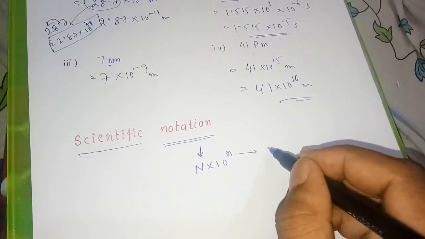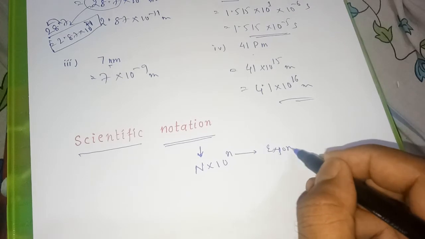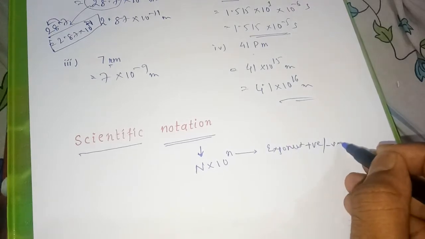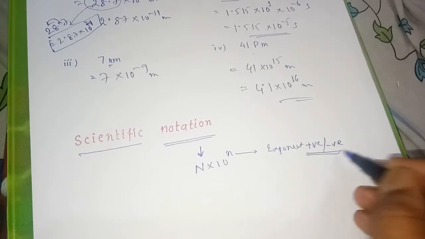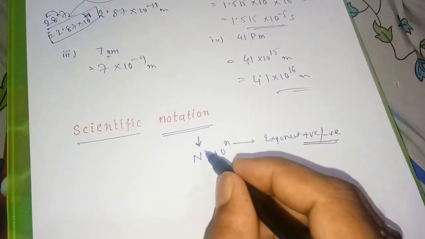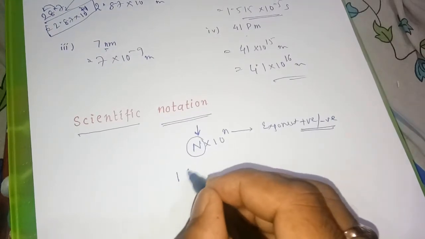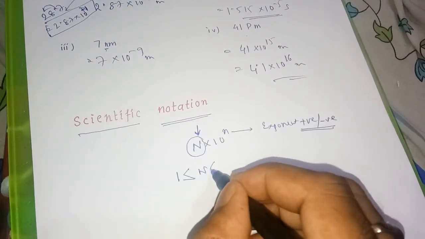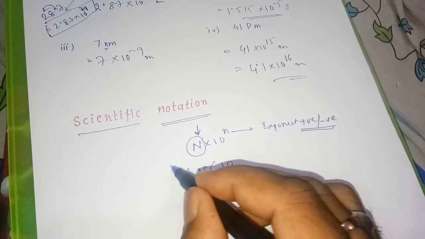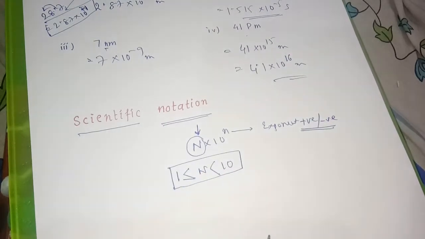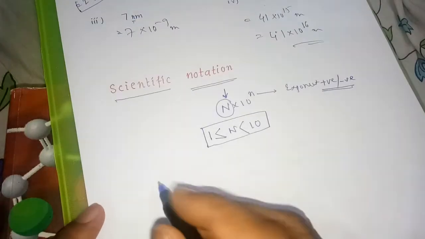This n, this is exponent, may be positive or negative, means power may be positive or negative. This n is a number 1 less than or equal to n and n less than 10. So this is how we can write something in terms of scientific notation.